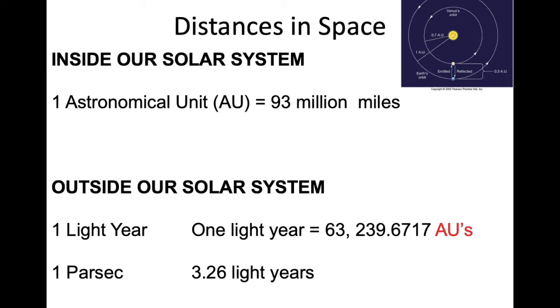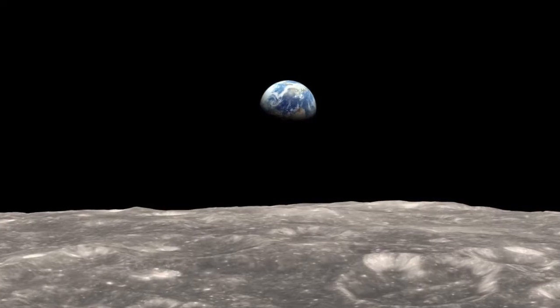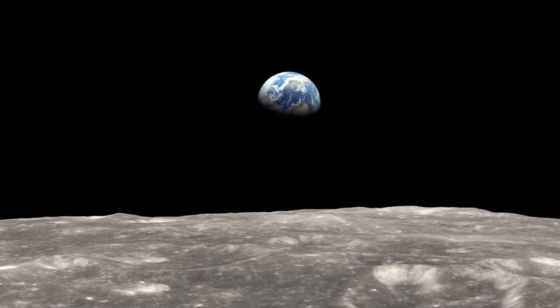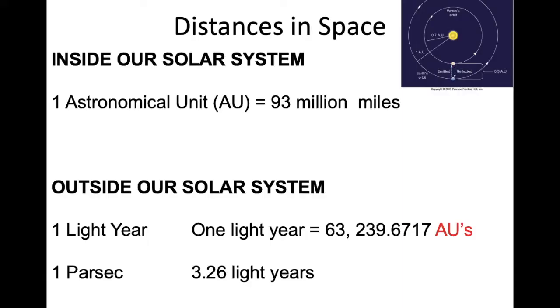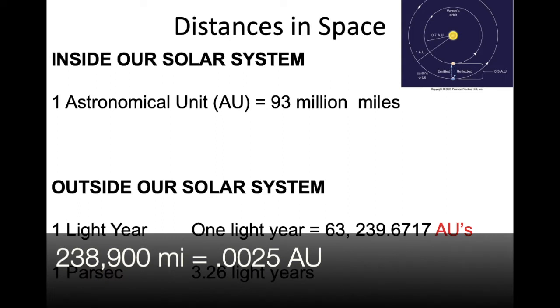This is a really big distance. 1 AU is equivalent to 93 million miles. Whew, that's amazing. So we want to use something like this to express distances, for example, from Earth to the moon. Going from the Earth to the moon is 238,900 miles. That's a really big number.